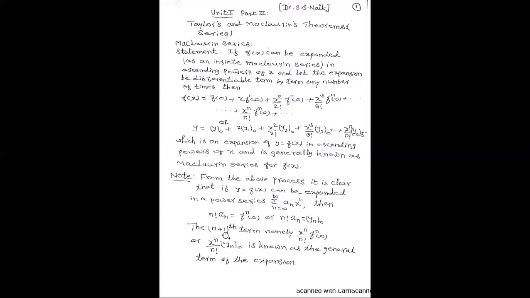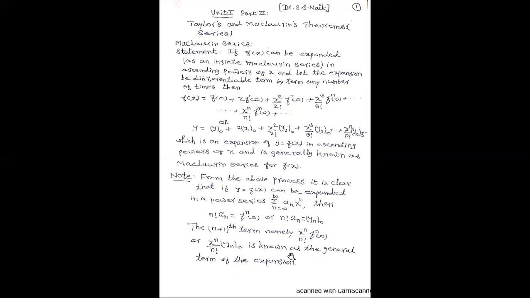So this is the n plus 1th term, namely x to the power n upon n factorial fn of 0, or x to the power n upon n factorial yn of 0, and is known as the general term of the expansion.